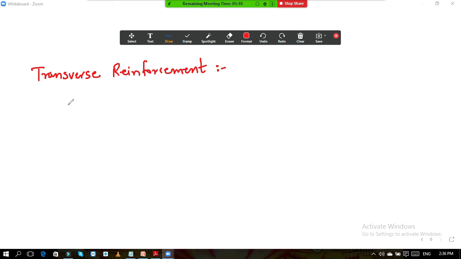Diameter of transverse reinforcement, diameter of link. I will directly write here link, that is the lateral ties. Diameter of lateral ties. This diameter should be how much?